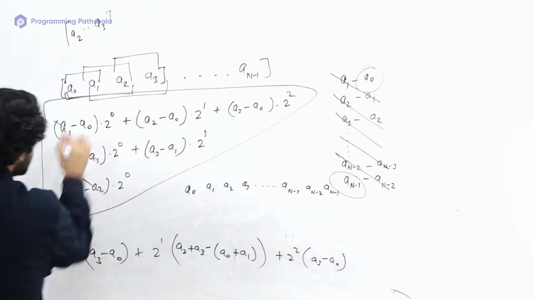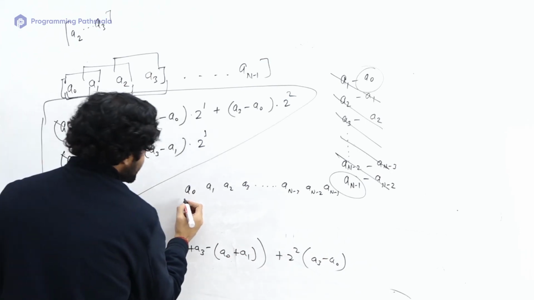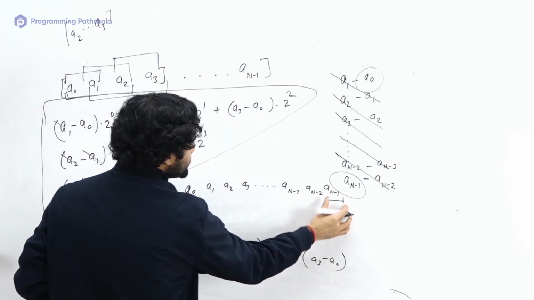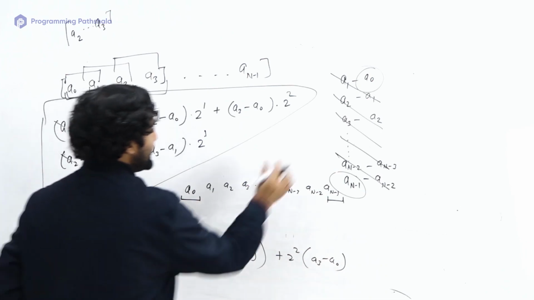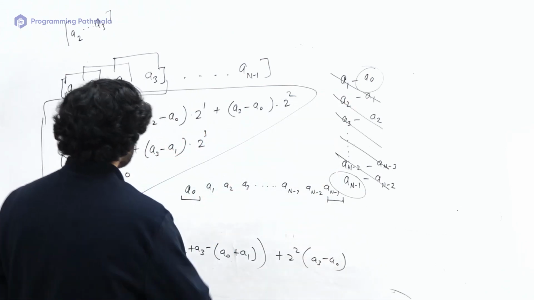Then when you consider this first column, with the power of 2^0, all that remains is this and this. a(n-1) is the left hand side and a0 is the right hand side. This is what remains.